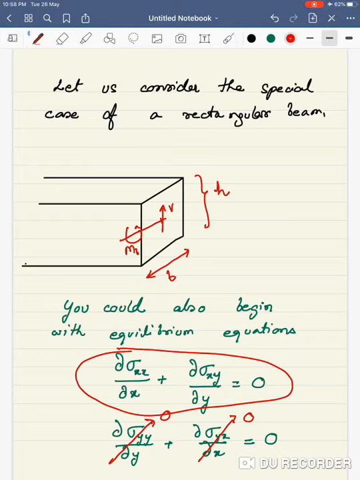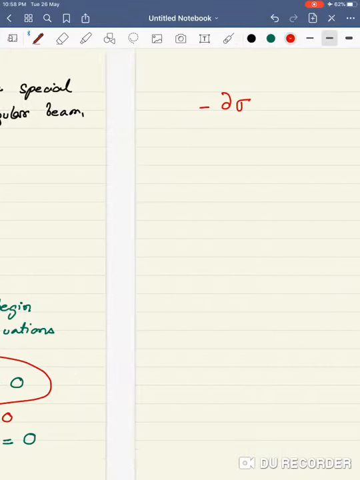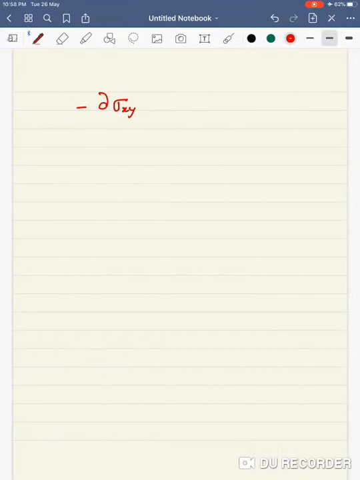So let us take that equation, which gives us, by the way, you know what sigma xx is. So we say that minus del sigma xy by dy equal to the derivative of sigma xx.